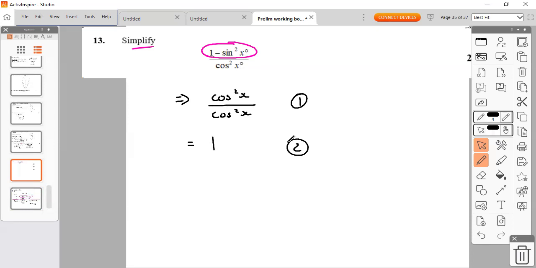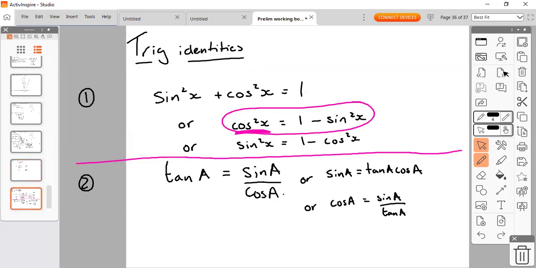It is, without question, the worst question in the exam, because you're not given those trig identities. You aren't given sine squared x plus cos squared x equals 1. You aren't given tan A equals sine A over cos A, and you aren't shown how to rearrange that either.